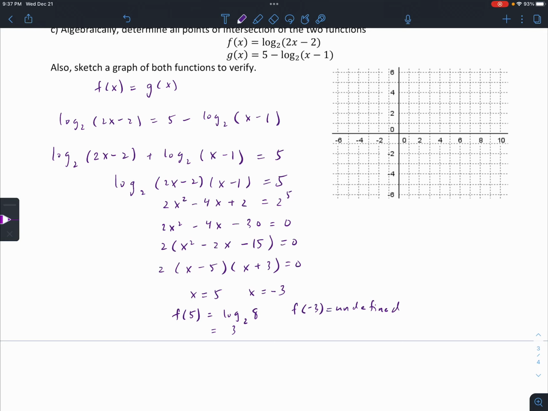So okay, if we try to graph this, we know we have a point of intersection at 3 and 5. Okay, so point of intersection at 3 and 5.